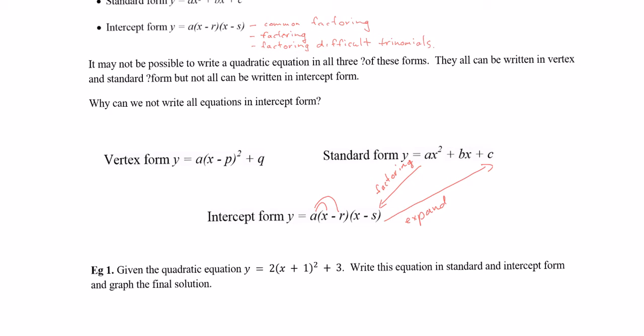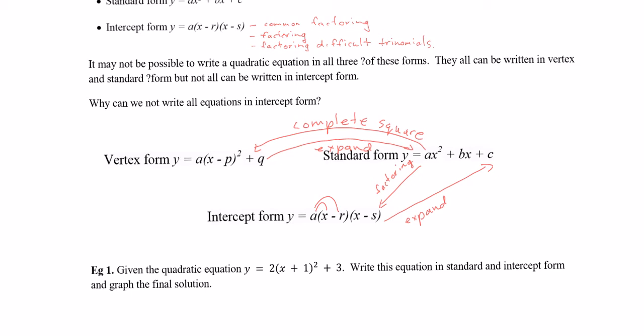To move from standard form to vertex form, we learned a new thing called completing the square. Now, to undo the vertex form, all we have to do is expand and collect like terms.